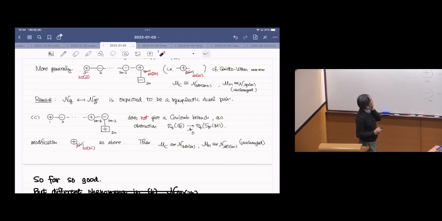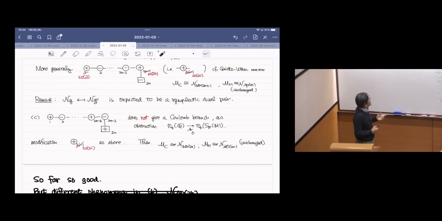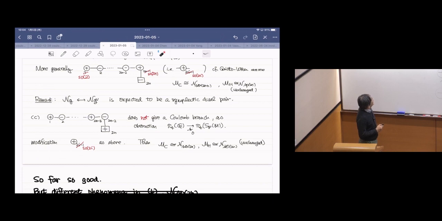That is the necessary and sufficient condition to define the Coulomb branch. So in this case, you add the dimensions of nearby vector spaces, and this must be even. And if this is 2n minus 3, then this condition is violated. So you need to replace this vector space by even ones anyway.